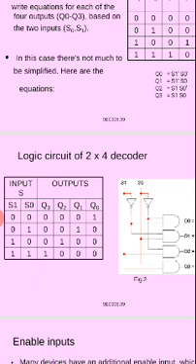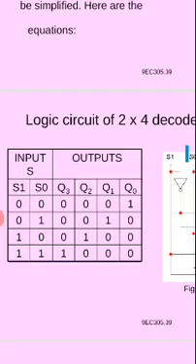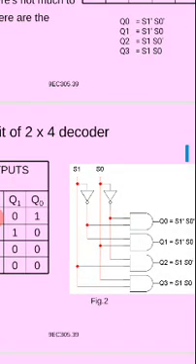Logic circuit of 2 to 4 decoder. Here the same truth table is given, and we have to focus on the logic circuits.